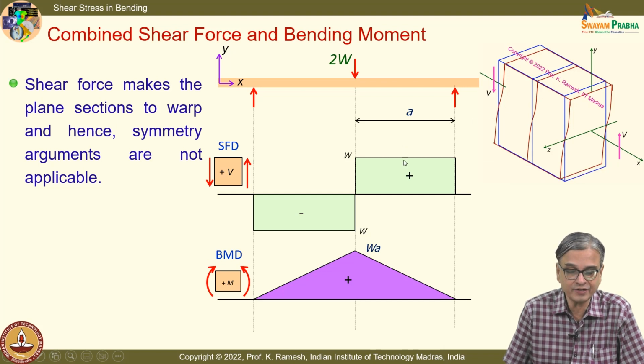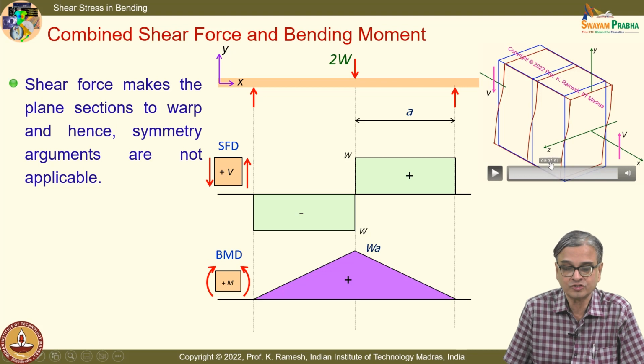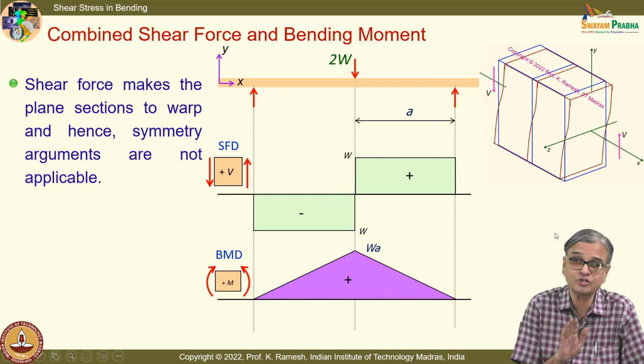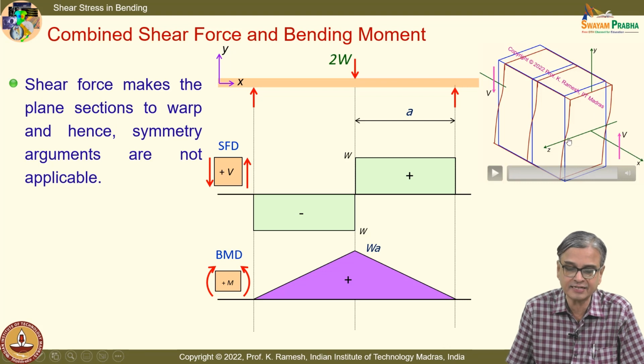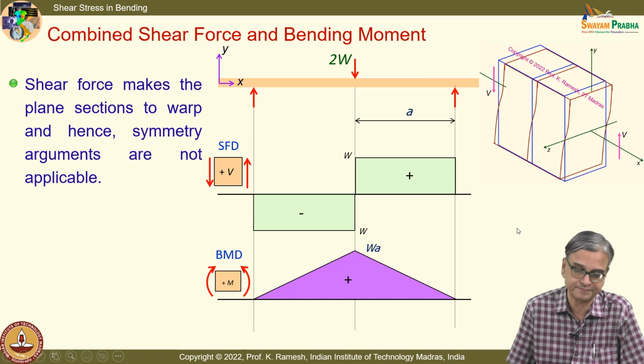Even though I may have a shear force transmitted by the beam, the distribution which you evaluate from strength of materials should be such that it has to be 0 at the top point as well as at the bottom point. That we have understood from the discussion on free surfaces. And we also note that you have a maximum change in the angle at the middle plane, which is coinciding with the neutral surface. So your shear strain or shear stress reaches a maximum here.